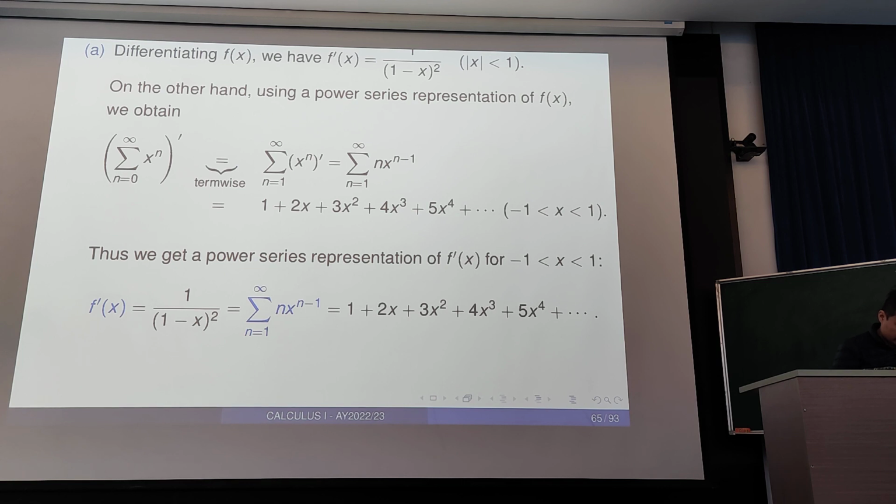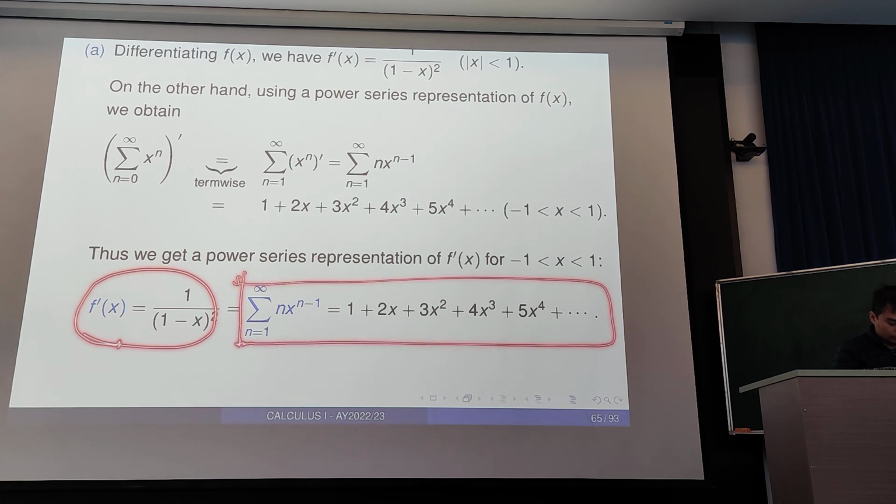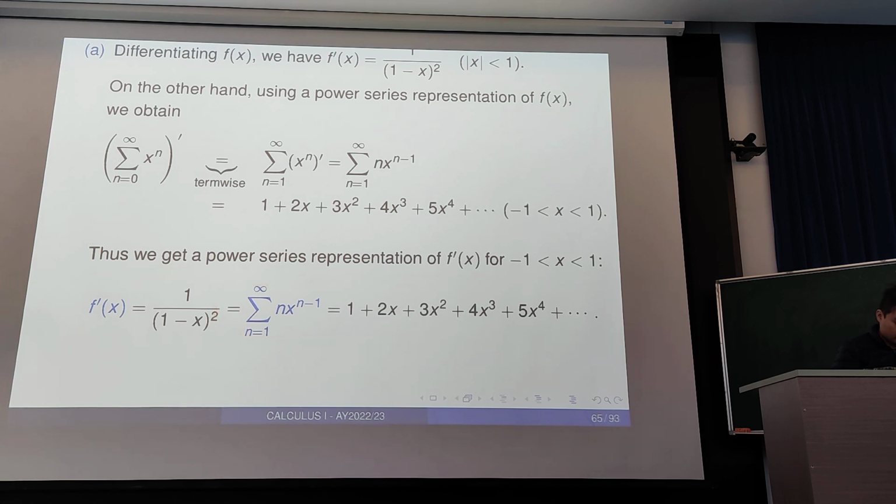So we have the power series representation of the first order derivative of f. See, in the first step, we already found this formula for f prime, and in the second step, we found this formula for the derivative of the power series, and we have the equality.